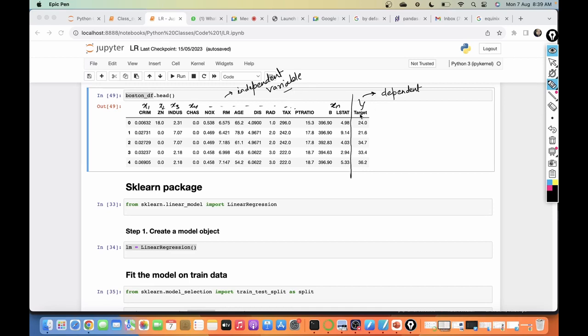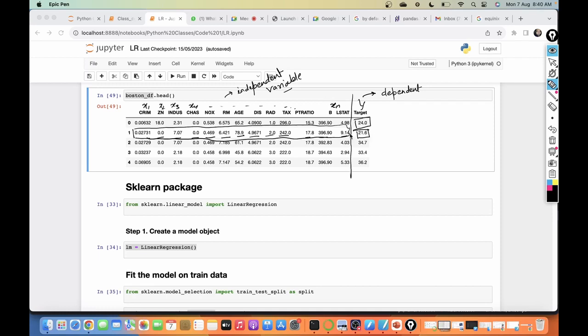Okay, so this y value, whether it's 24, 26, this is coming. What the linear regression model will do is, whatever values we are ingesting in the different independent variables, it will take all the values and try to map a pattern between these independent variables and the dependent variable.